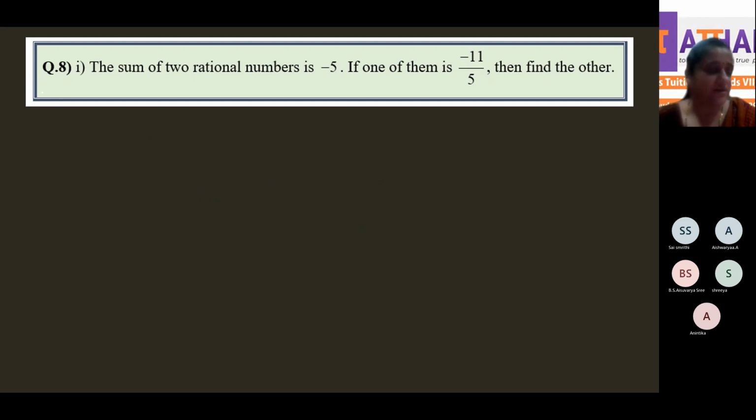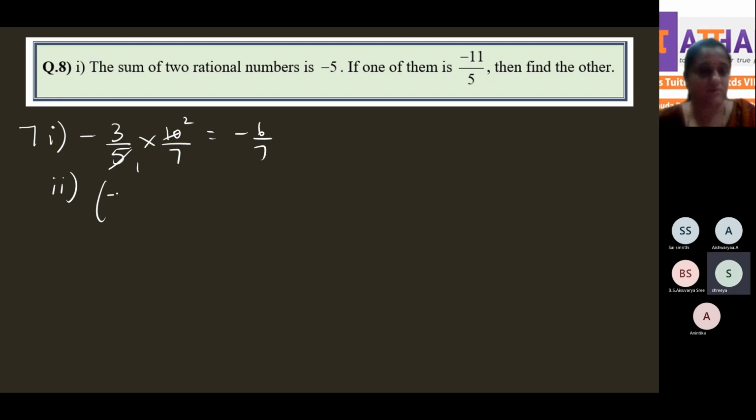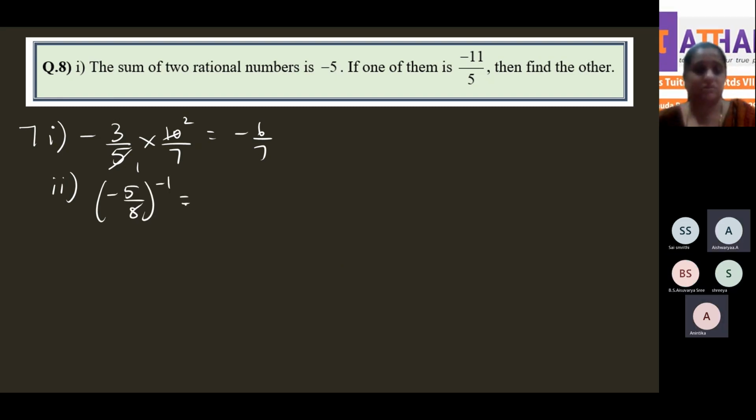Next, evaluate. Anantika, what's your answer for question number 7, first subdivision? 5 ones are 5 twos are correct, children. Minus 6 by 7, right? Yes, ma'am. Why is it written question 8 first part? Yes, ma'am.